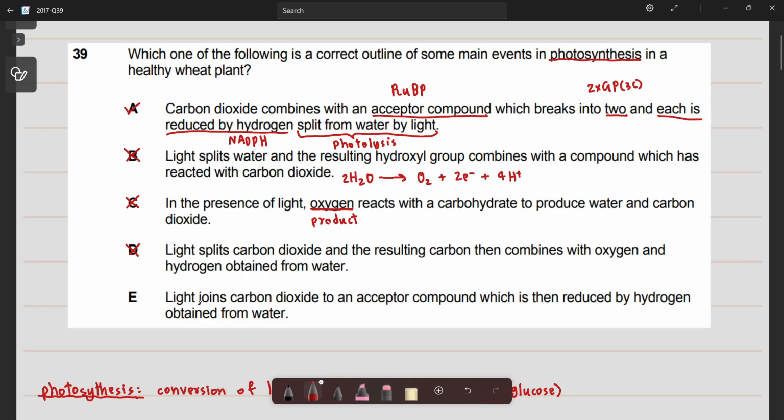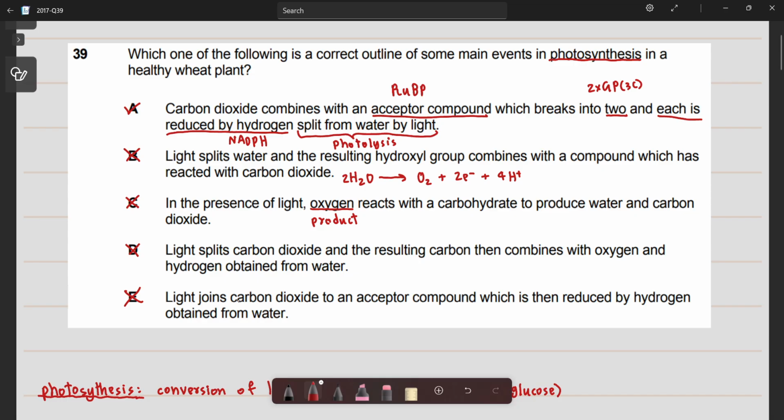Option E states light joins carbon dioxide to an acceptor compound which is then reduced by hydrogen obtained from water. Now this option looks quite similar to option A, which is quite tricky, so you have to be careful. Light joins carbon dioxide, so you can easily say this is wrong.